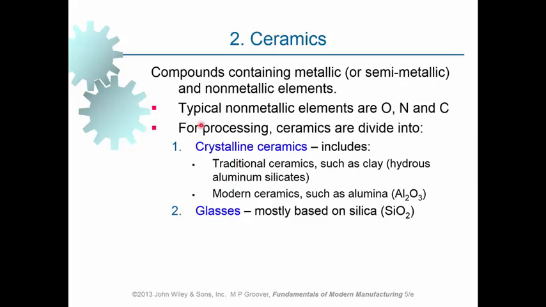Crystalline ceramics have a crystalline structure, but in the case of glasses, a crystalline structure is missing and atoms are positioned randomly, and there is a lack of order in the placement of the atoms in the structure.